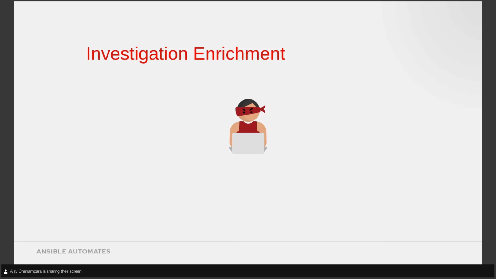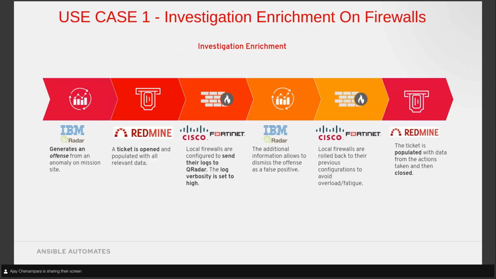So those would be examples of how a security incident investigation enrichment can be done by additional logging and forwarding logging. So let's look at some use cases, and it'll be a little bit more clear.